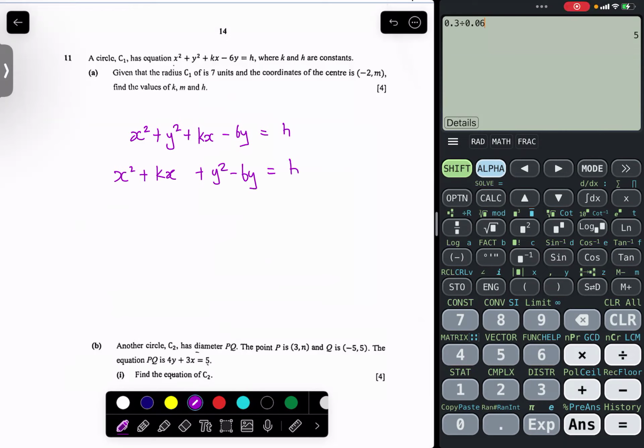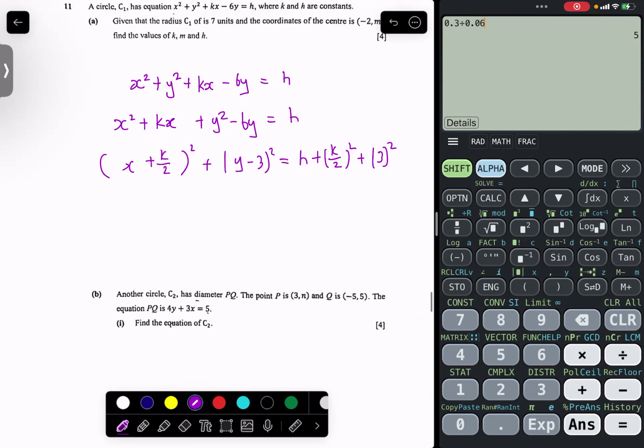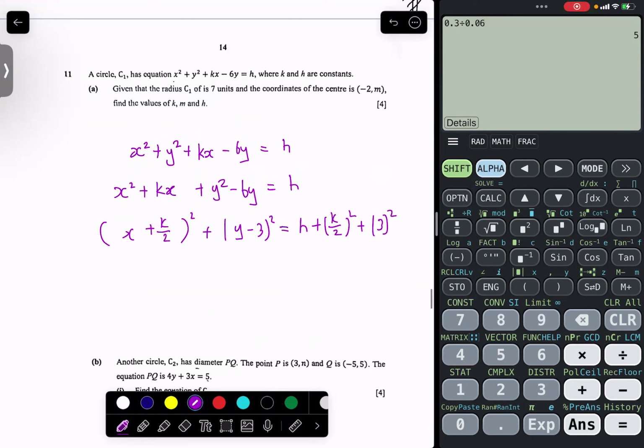Complete the square here. I will have (x + k/2)² + (y − 3)² = h + (k/2)² + (−3)², that is plus 3². Now this is going to be equal to −2.